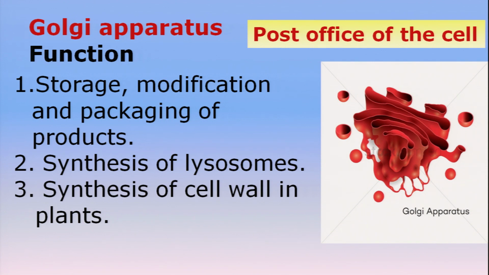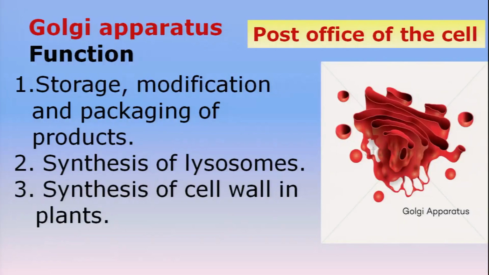It is called the post office of the cell because it receives materials, modifies them, packages them and sends them to different locations. So, what does this Golgi apparatus receive actually? Golgi apparatus receives simple substances. It receives lipids and proteins from endoplasmic reticulum.